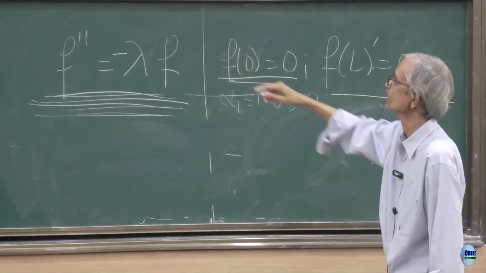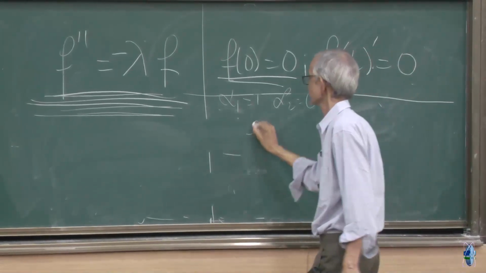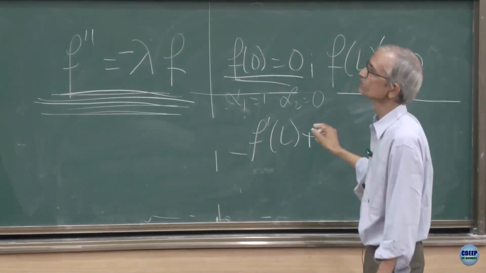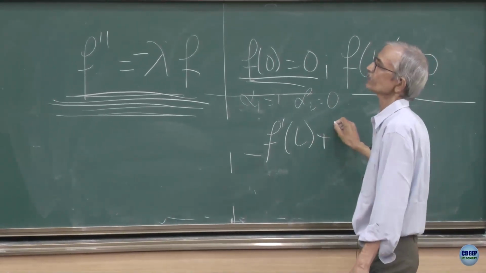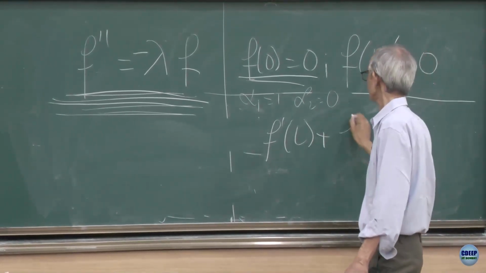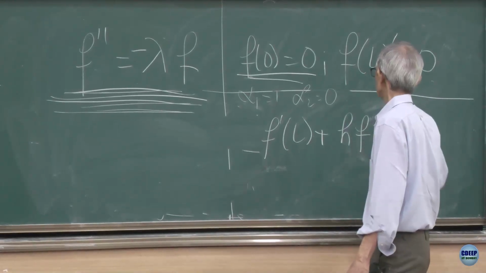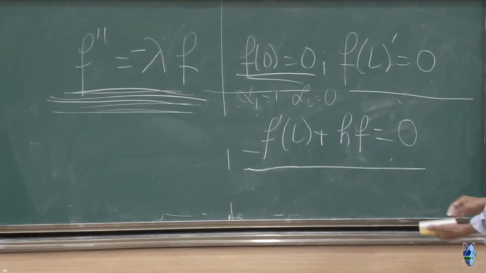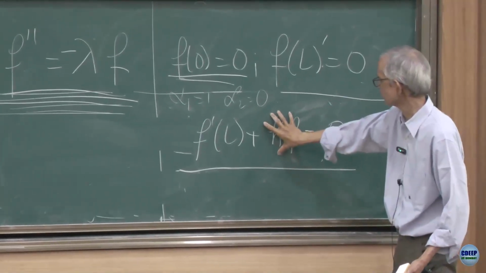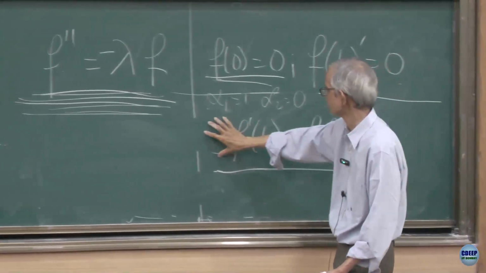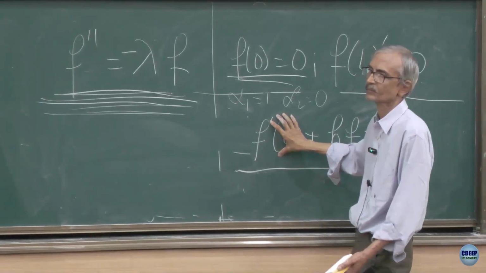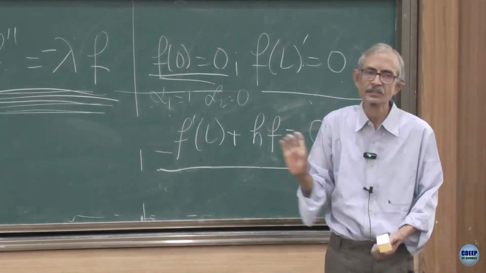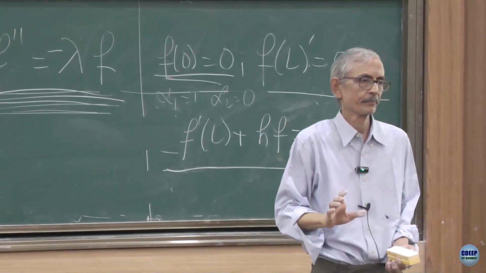Which means f prime at L plus some h of f is equal to 0. So this is the second condition, which is beta 1 of f plus beta 2 of f prime. This is also in the so-called Sturm-Liouville form, right?